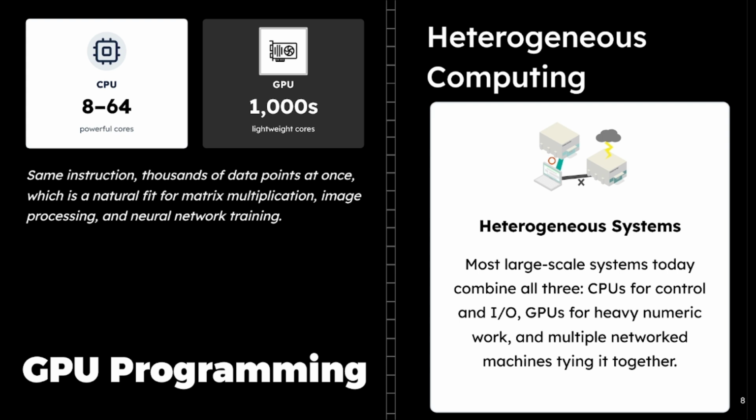And in practice, most large-scale systems today are heterogeneous. They combine CPUs for control logic and I/O, GPUs for the heavy numerical lifting, and sometimes multiple network machines on top of that, tying together everything we've just talked about.